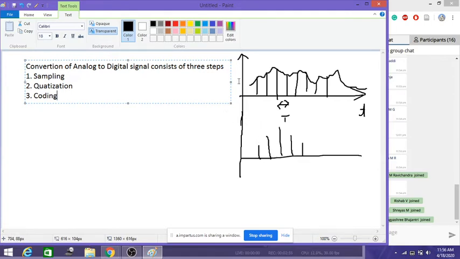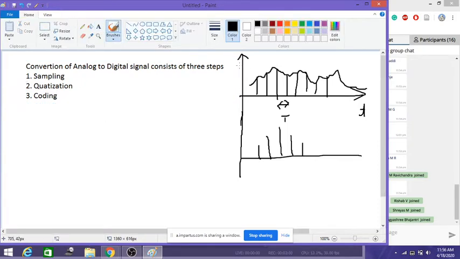So I'll just give a glimpse here. For example, here the maximum peak of the signal is, say, in terms of voltage, 8 volts or say 7 volts. Whatever sampling we have done, we'll approximate to the nearest level if we split this into 8 levels. This is 0, this is 1, this is 2, this is 3 and 4, like that up to 7 we have.